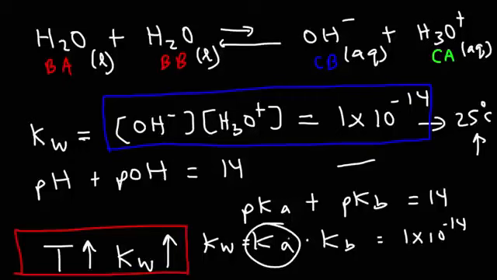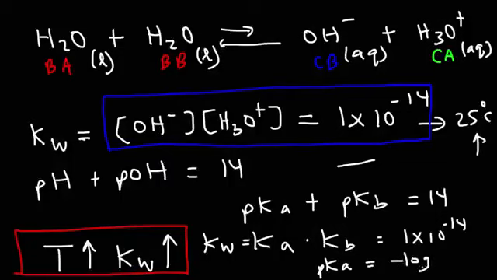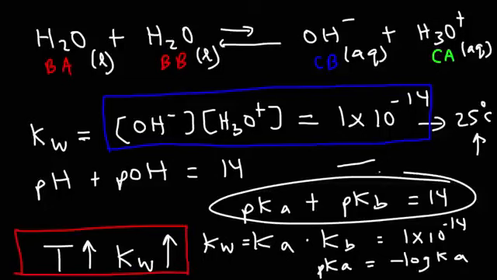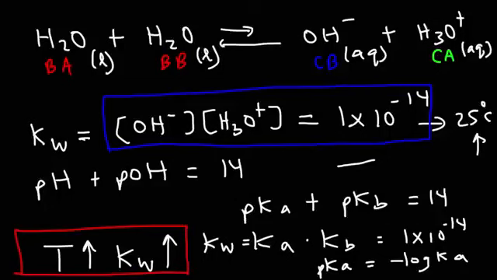So if you know the Ka value, you can easily calculate the Kb value. And remember, the pKa is a negative log of Ka. So if you have the Ka value, you can calculate the pKa value. And then if you have the pKa value, you could use this equation to get the pKb value. So there's a lot of equations that you could use to find one thing from another.